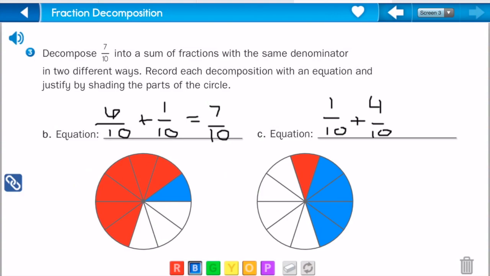And now I have 5 altogether. With my green, I still need 2 more pieces. I'm going to shade in 2 more. I'm going to go ahead and write that as a fraction, 2 over 10. And that's going to equal altogether 7/10.